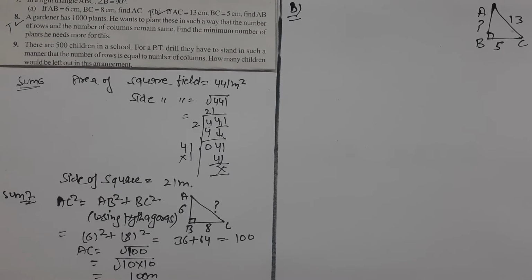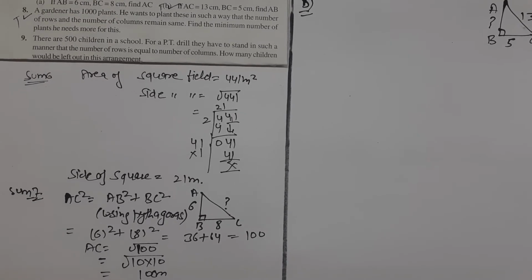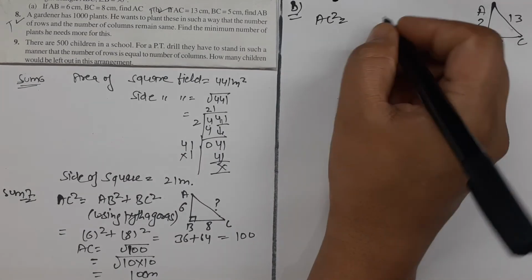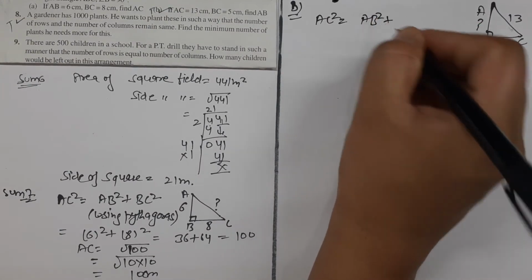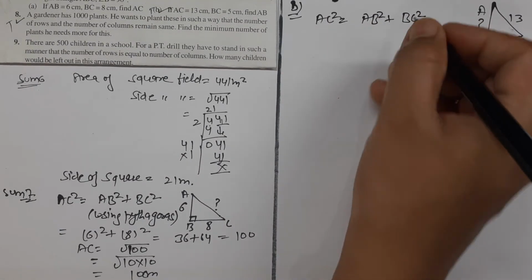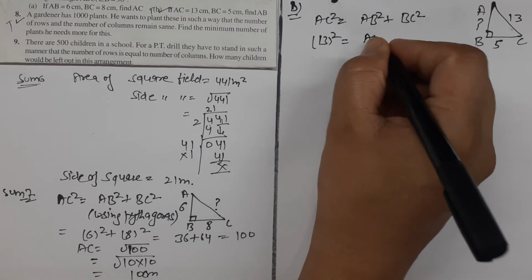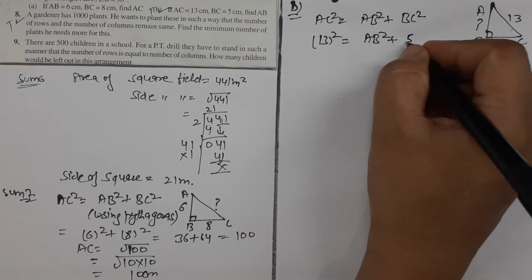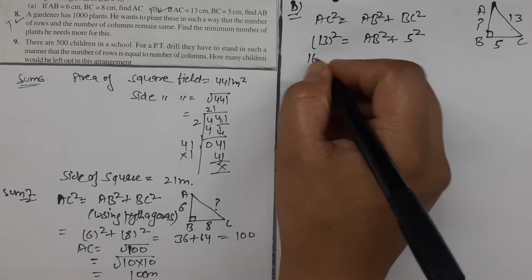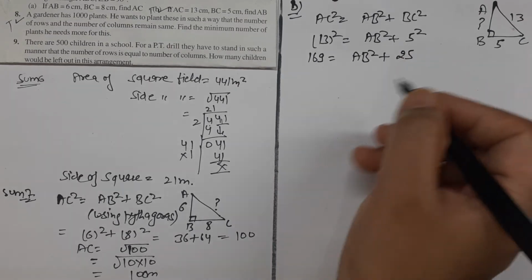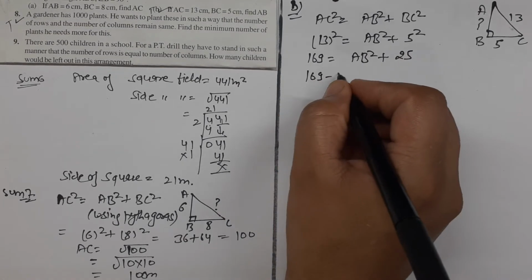To find AB, here we again use Pythagoras, which is AC square equals AB square plus BC square. Put the values. 13 square 169, AB square same. 5 5s are 25. Now solving.